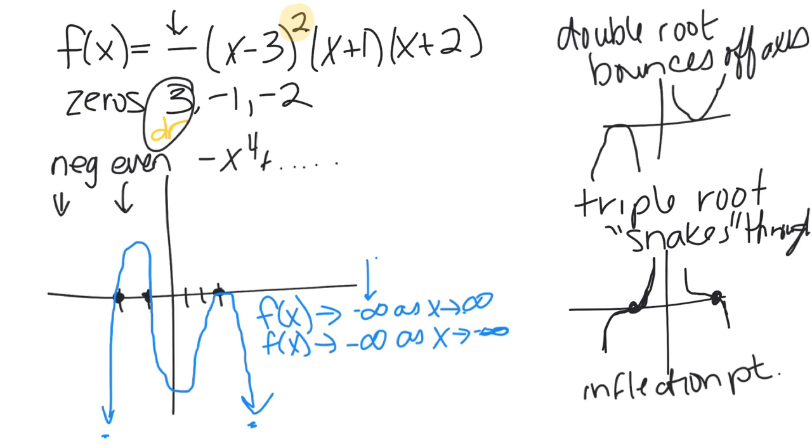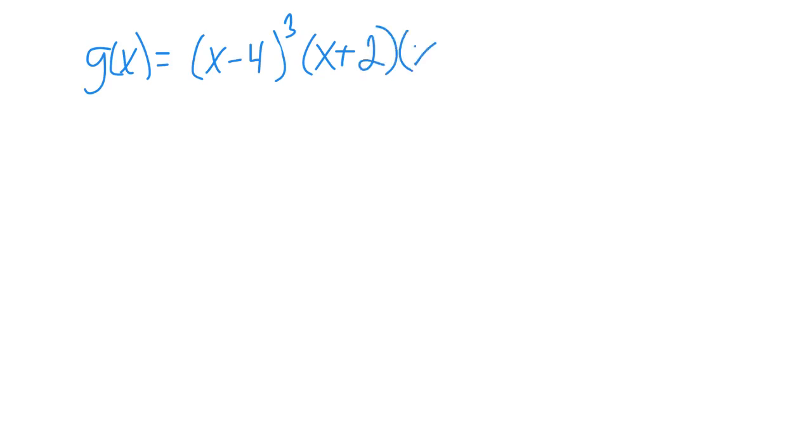So let's do another example. Let's do one with the third power root. So let's let this be g of x equals x minus 4 cubed times x plus 2 and x minus 6, just to be different.